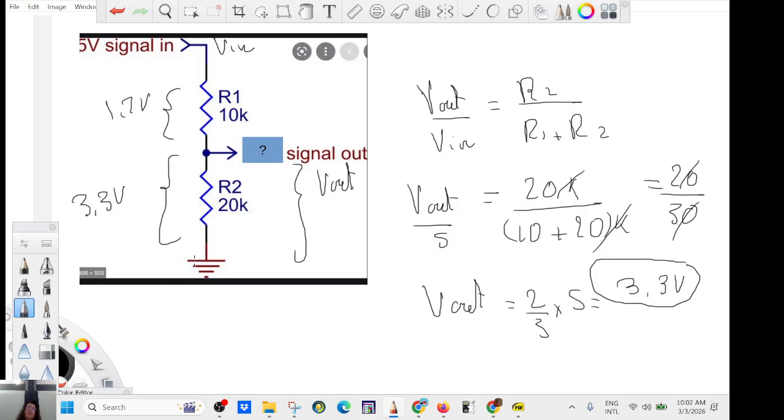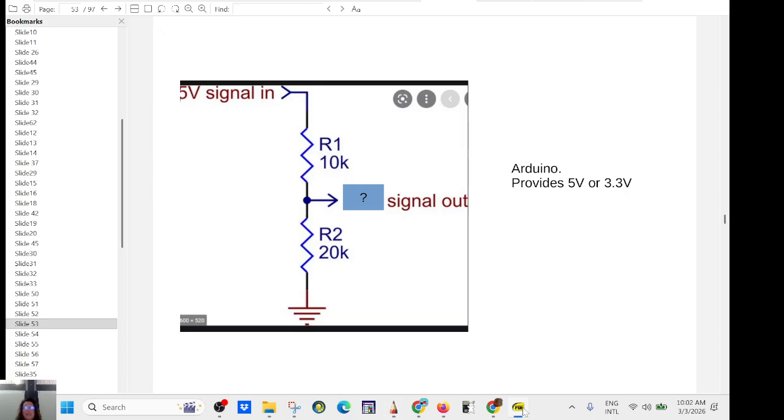So the larger the resistance, the larger the drop. Okay, that's cool.